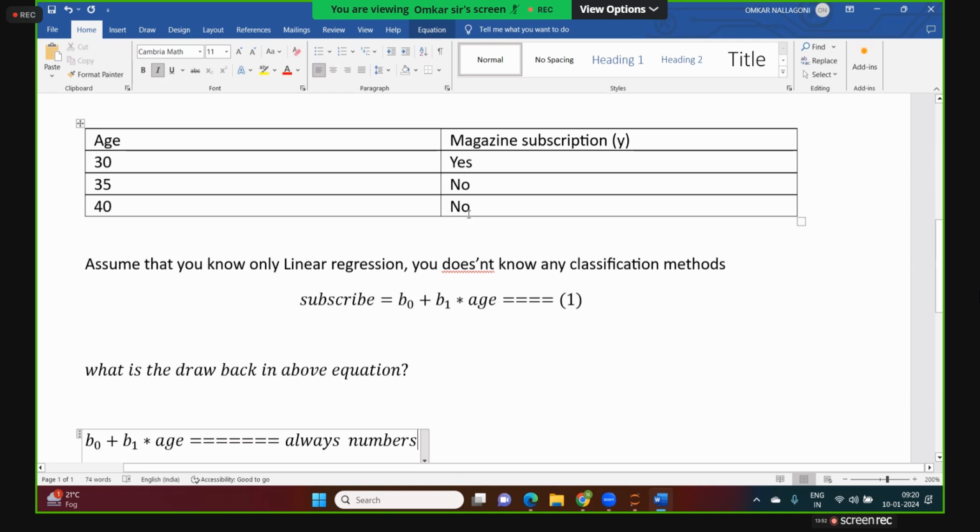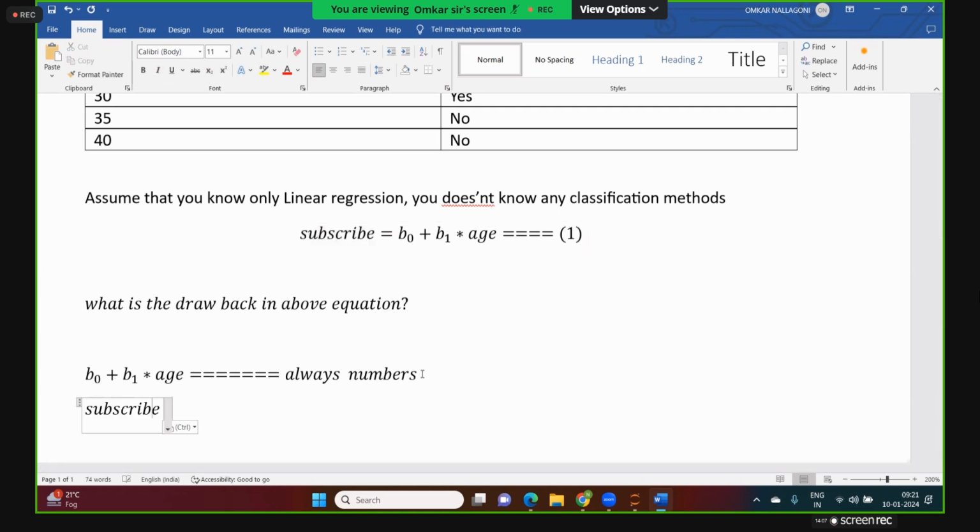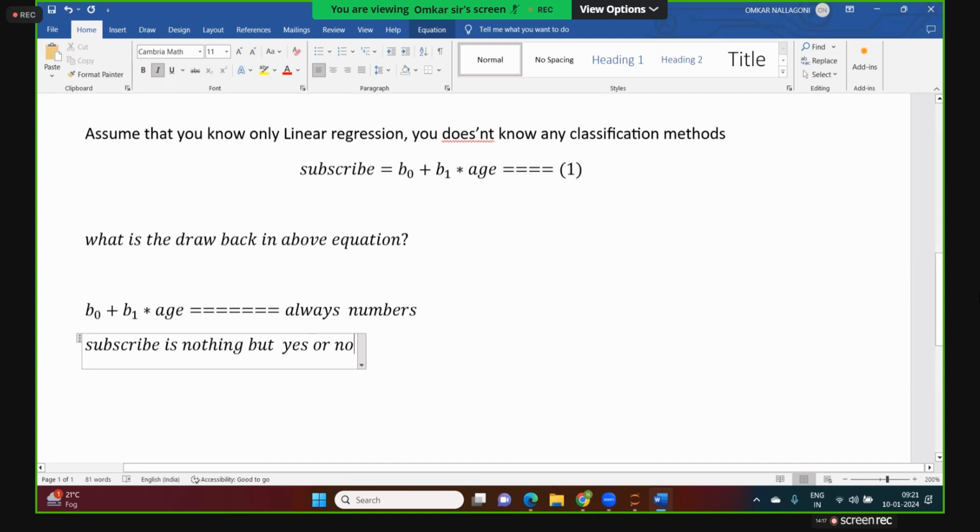Categorical. That's why you can't apply a regression equation to classification problems. Understood now? A regression equation always gives what? Numbers. But your subscribe output is a classification, that is, yes or no. So that's why you can't equate those numbers with yes or no. So that's why this equation number 1 is a wrong equation.